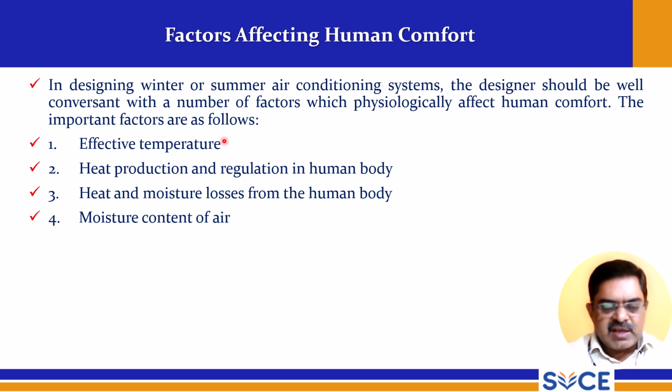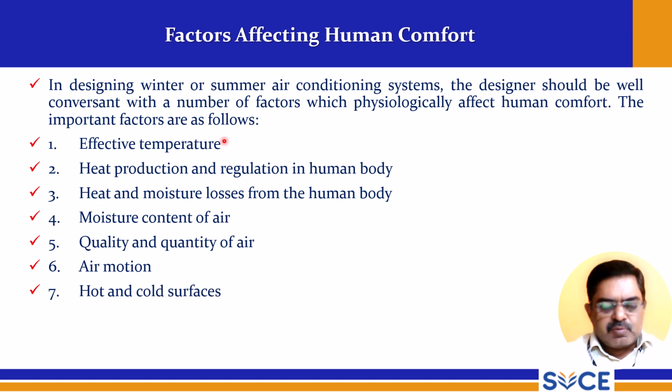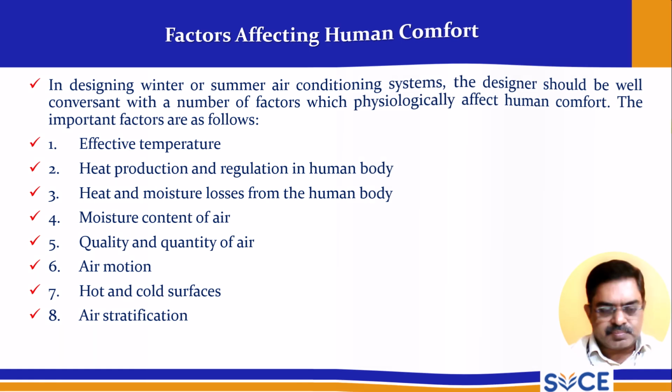Moisture content in air we have already seen in unit number 4. And the quality and quantity of air motion, hot and cold surfaces, air stratification. All these topics we have covered in earlier sessions, and effective temperature we discuss in this session.